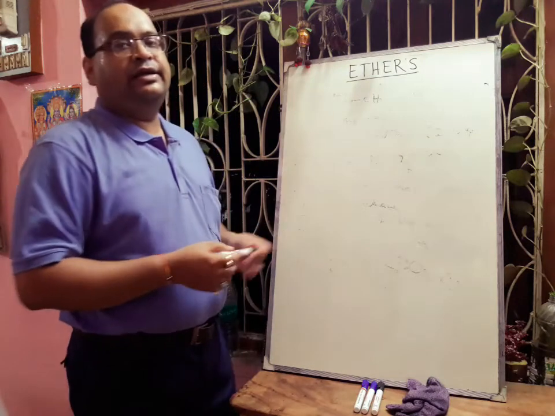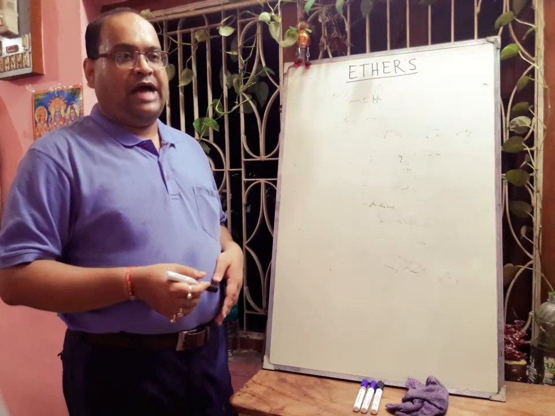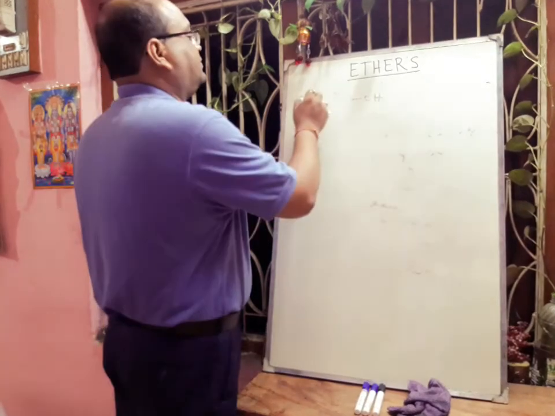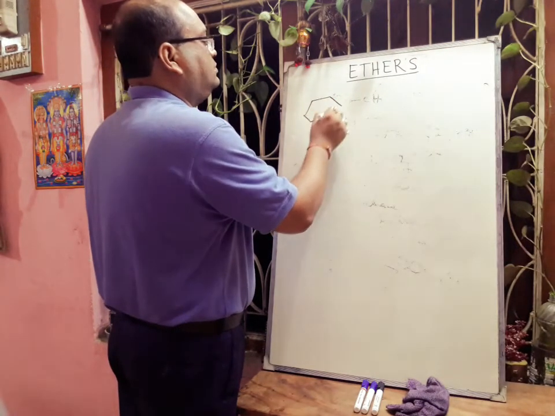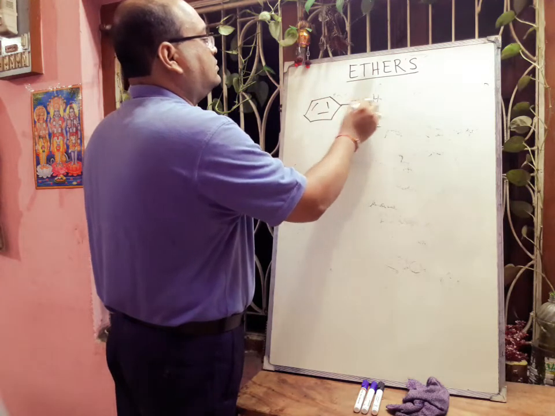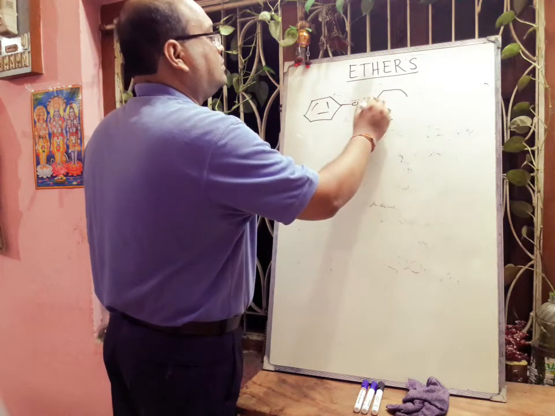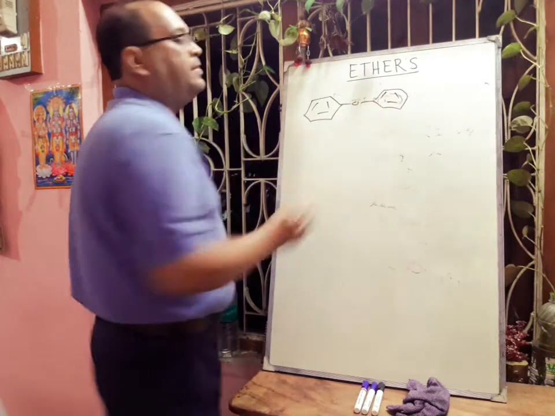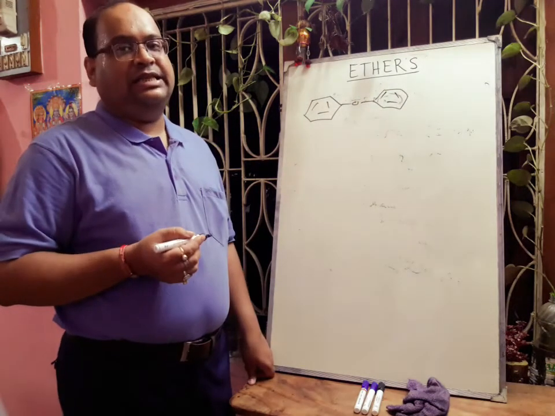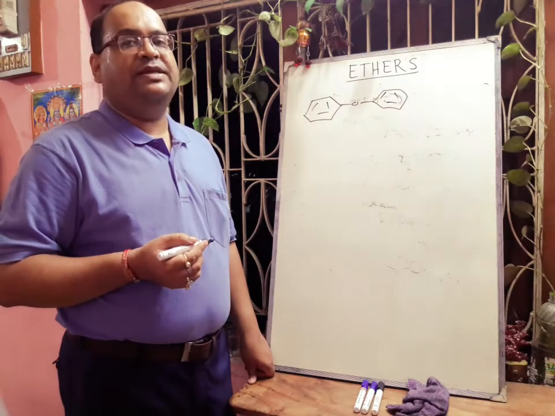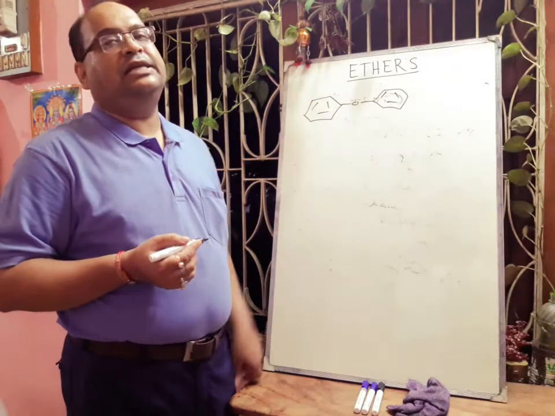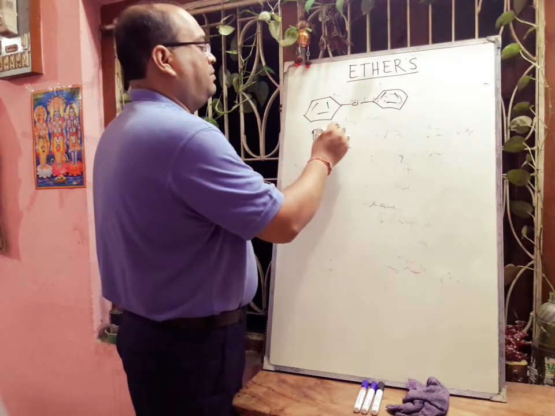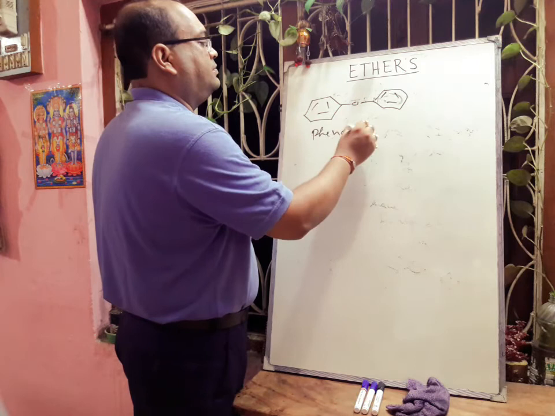Next we will take the examples of aromatic ethers. Like if we think about this one, we have already told you that this is diphenyl ether. But what will be the IUPAC name of this diphenyl ether? It will be phenoxybenzene.